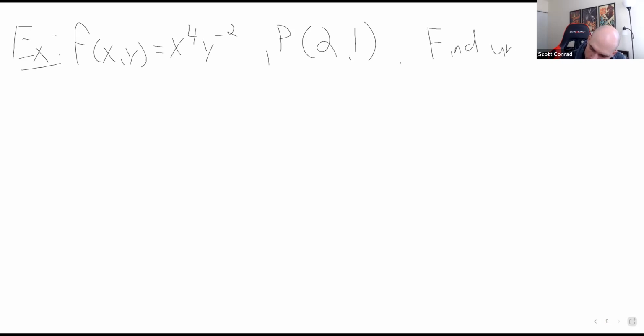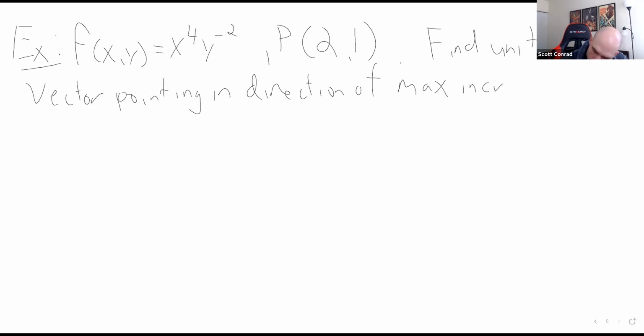So let's find the unit vector which points in the direction of maximum increase of f at P, and let's find that maximum rate of increase.